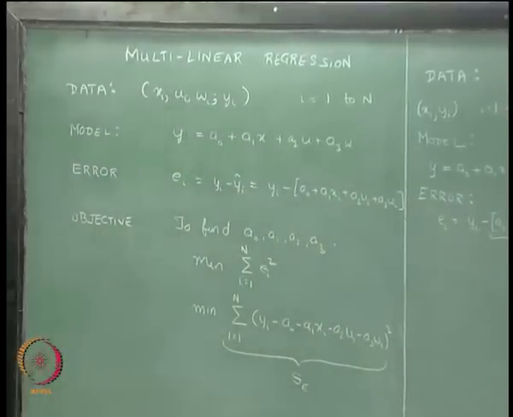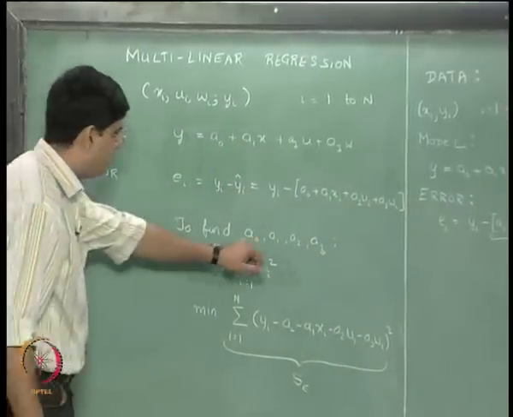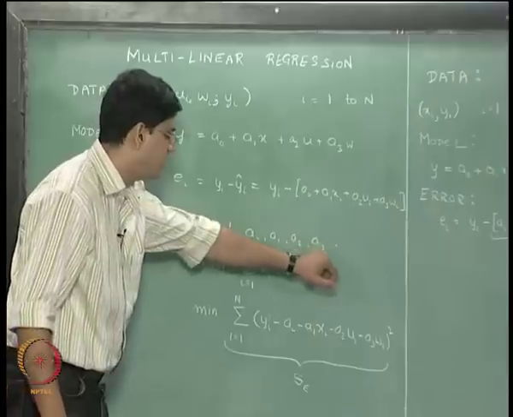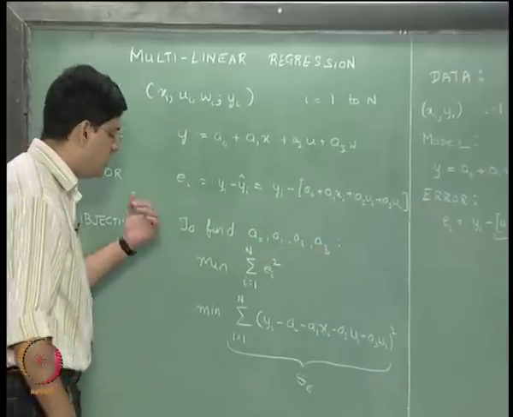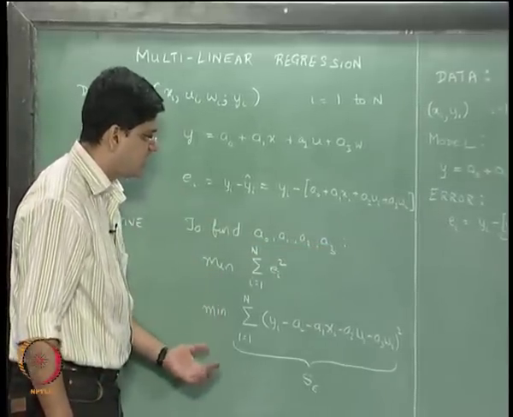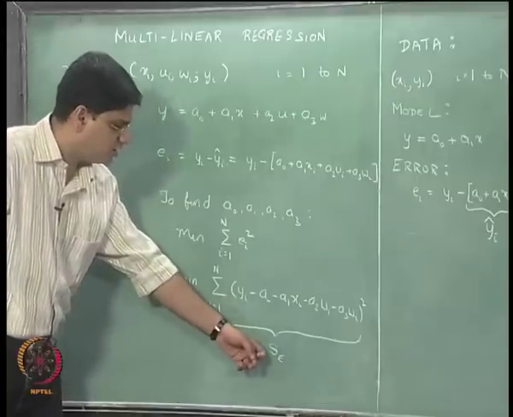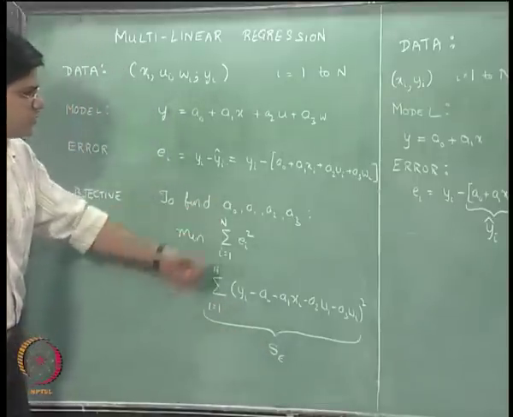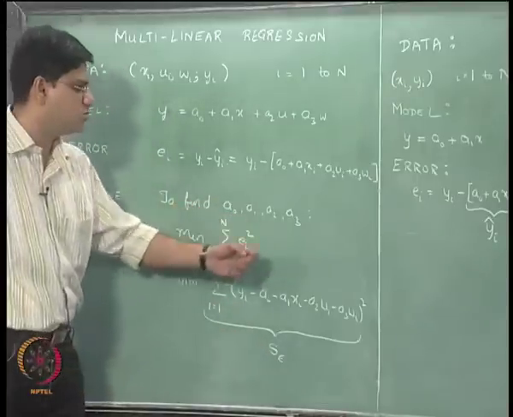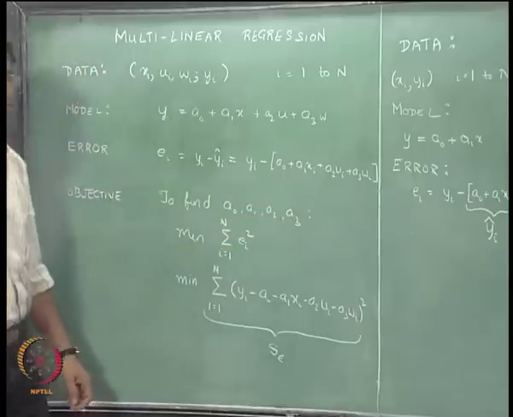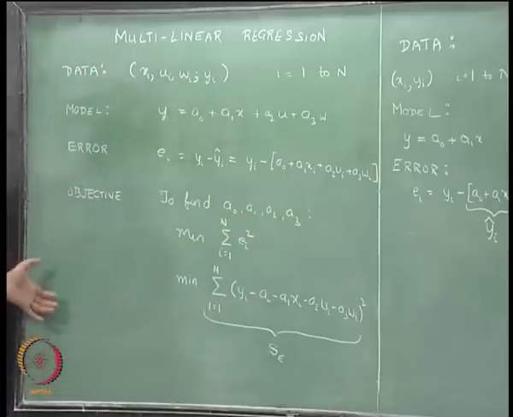So in order to find the values of A0, A1, A2 and A3, we need to follow the exact same procedure that we followed earlier. We need to differentiate SE with respect to A0, with respect to A1, A2 and A3, and equate each of them to 0.